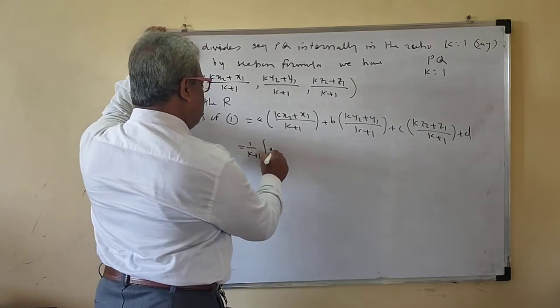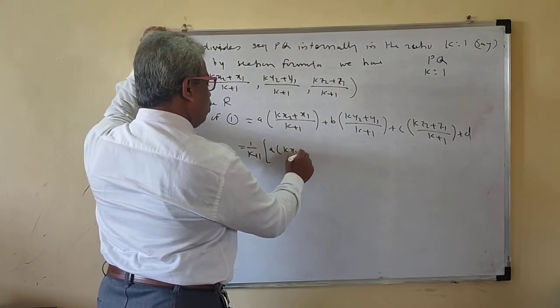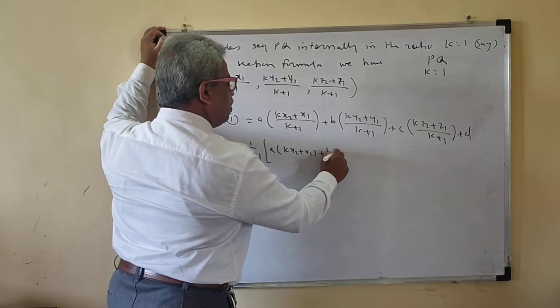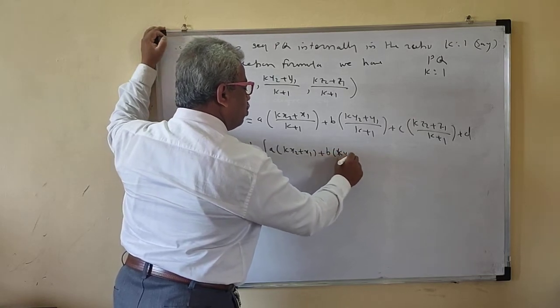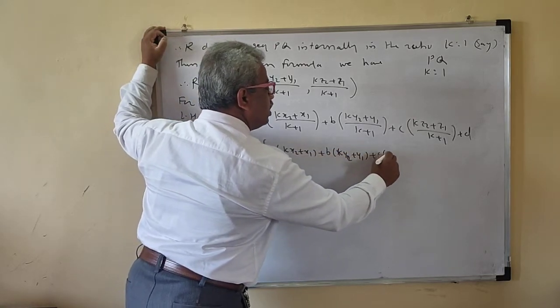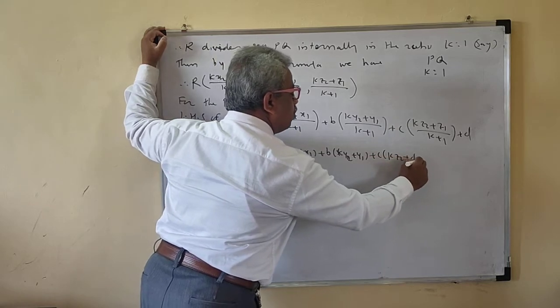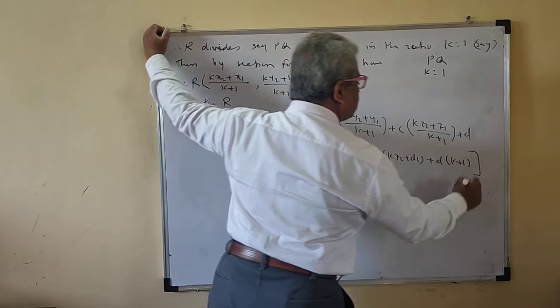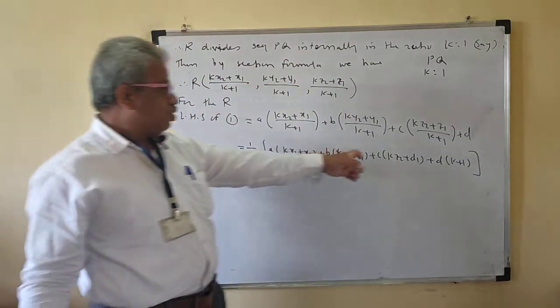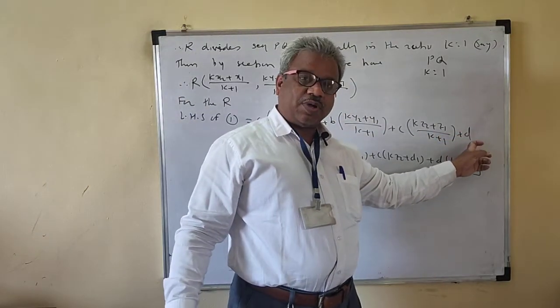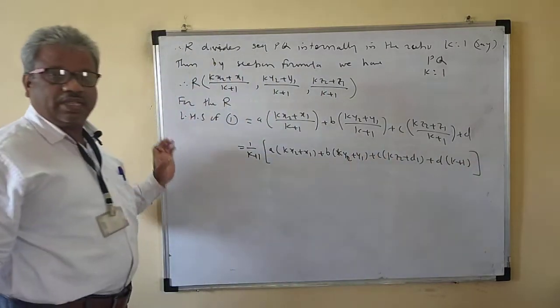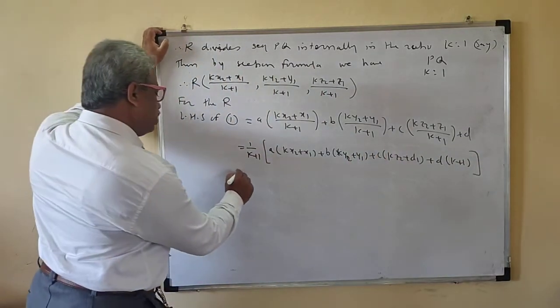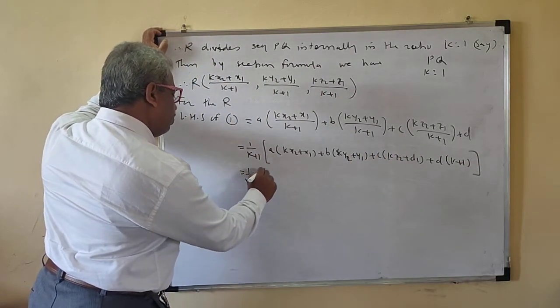I have taken k plus 1 common, that means I have to multiply this D, so your D is D into (k plus 1) upon (k plus 1).